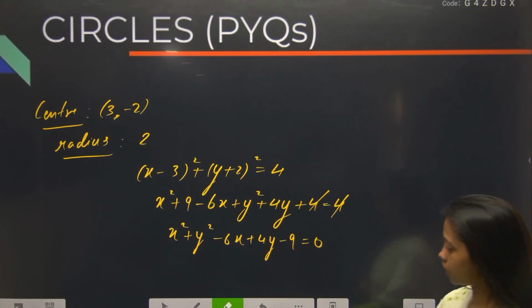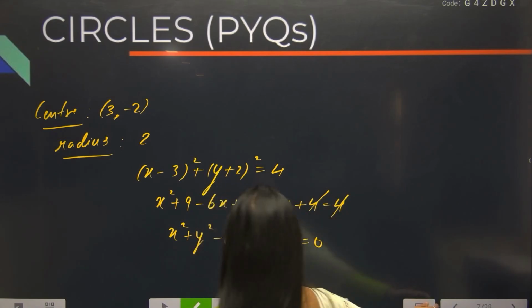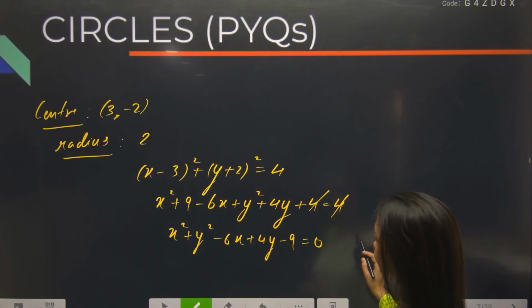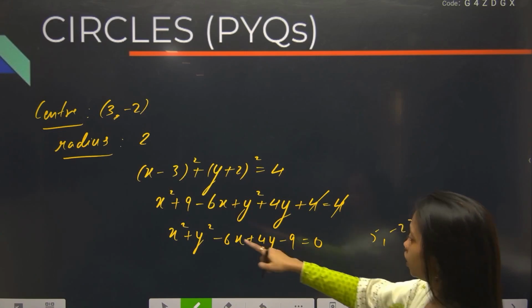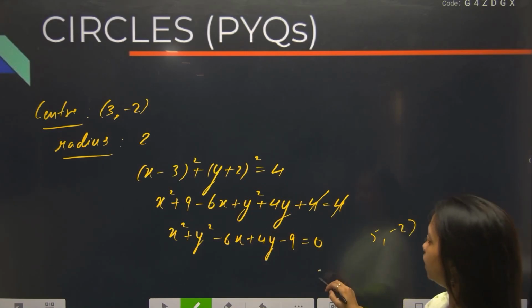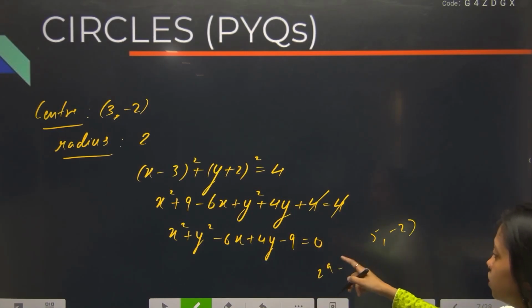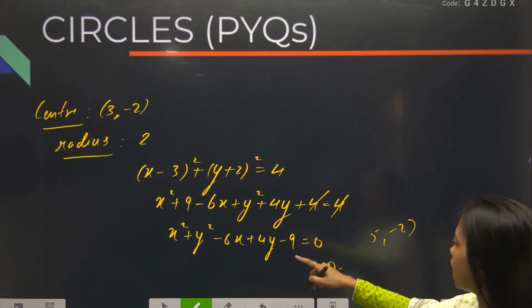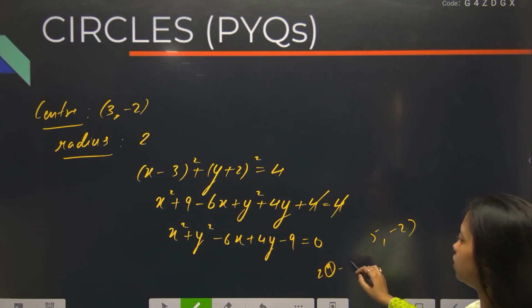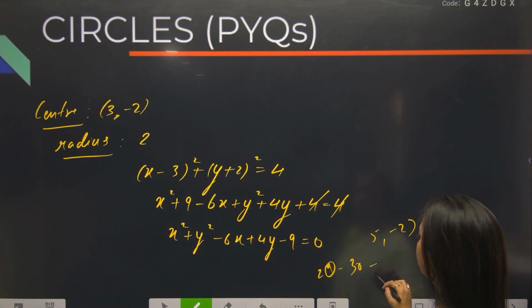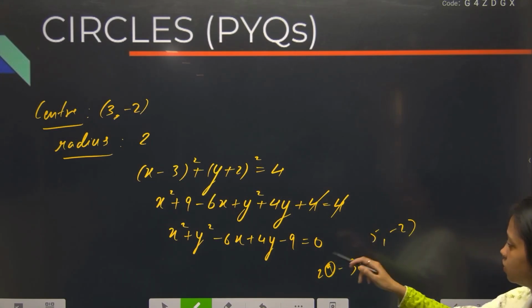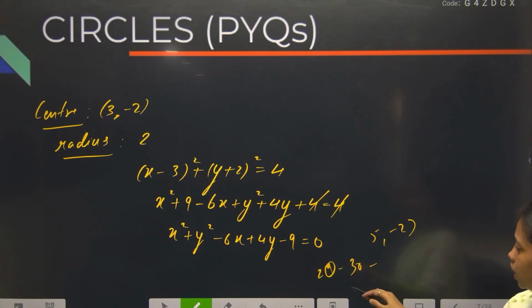So let's try with 5 comma minus 2. The last third is 5 comma minus 2. 25, then 29 minus 9, that becomes 20 again, and minus 30, and minus 2 times 4, so it becomes minus 8.